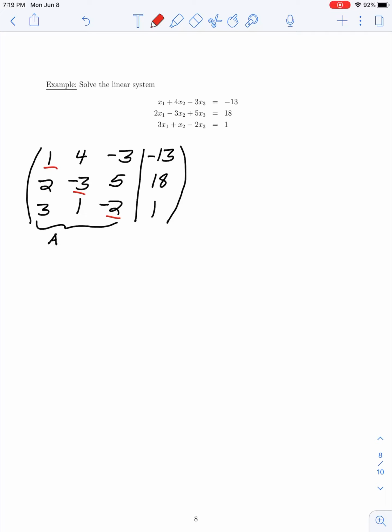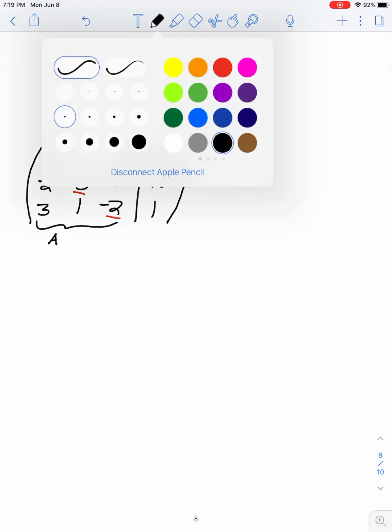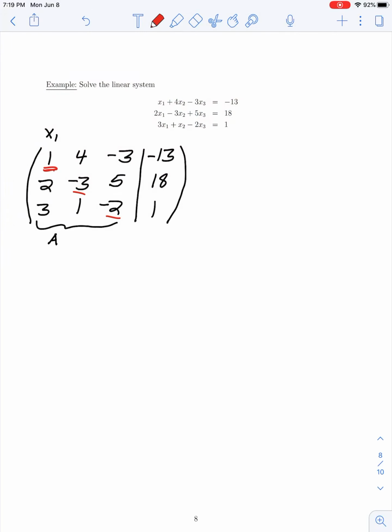Usually the way that I prefer to proceed is moving through column by column, starting with my x1 column. Here, the column representing my coefficients for x1 is this first column, 1, 2, 3. And I already have the 1 coefficient that I want in the top left entry. Now, for the entries below that, I want both zeros. I need to kill off this 2 and 3 value.